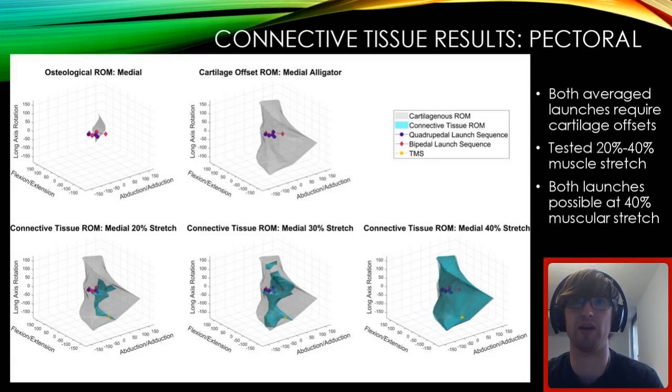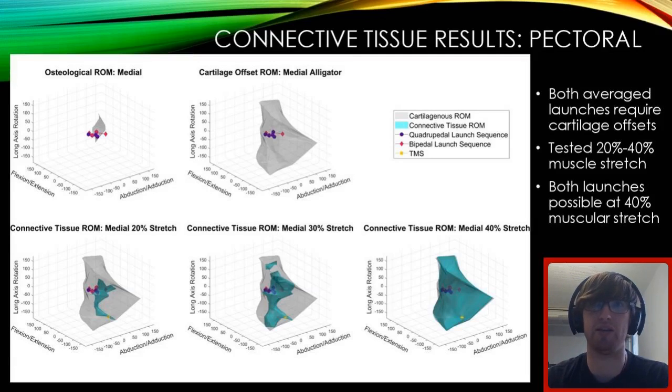Those are the different average launch sequences. And if they are within the gray shape, then they are considered possible or viable poses for the cartilaginous offset. Once you throw in the blue shape, which is the ones that are viable during the connective tissue offset, then you can check it combined.